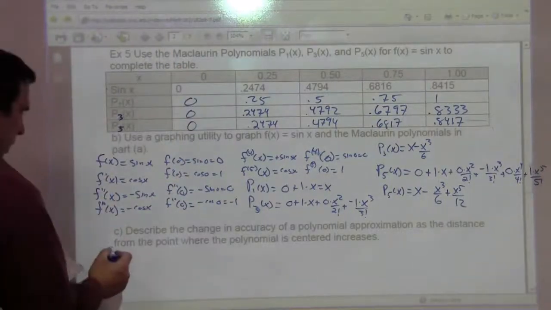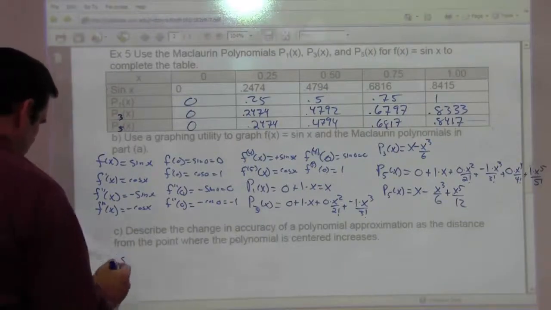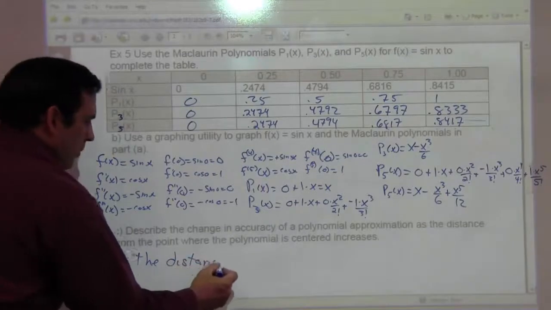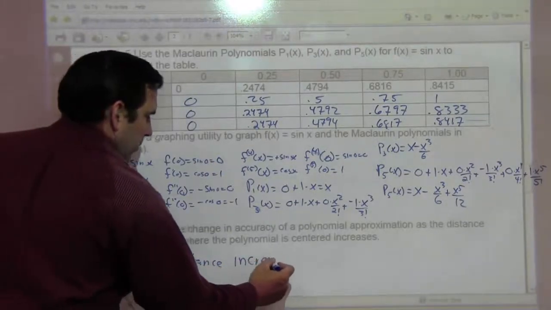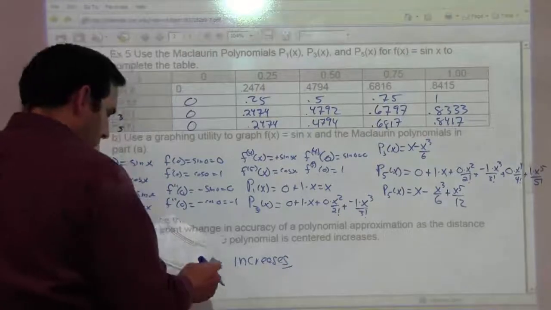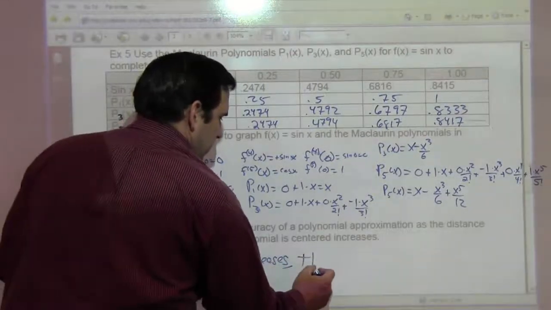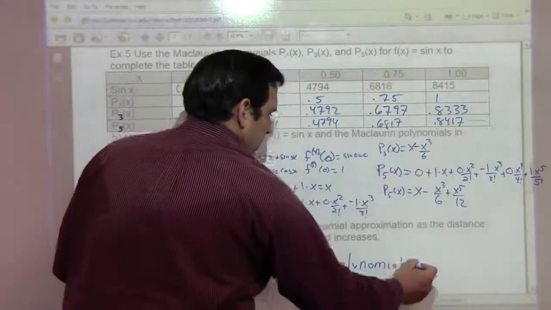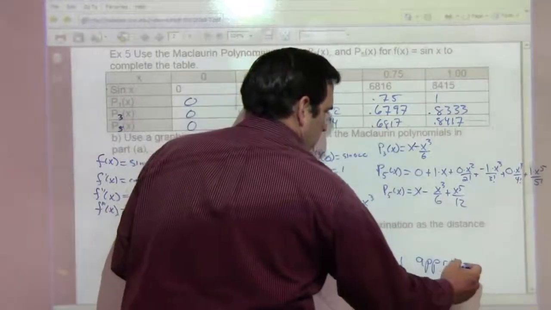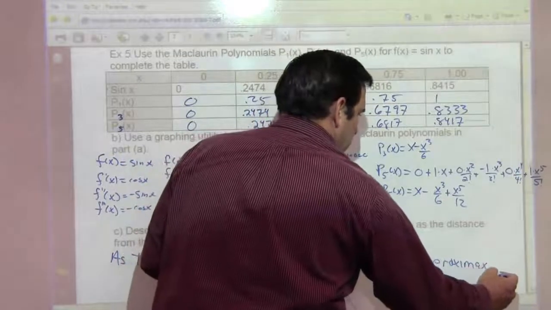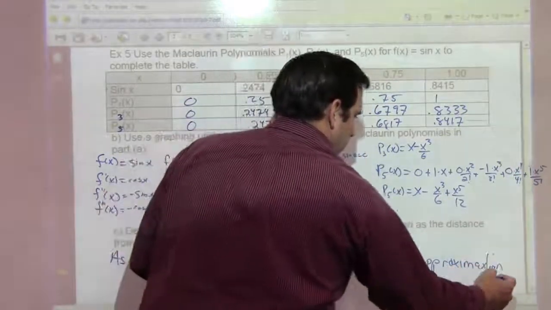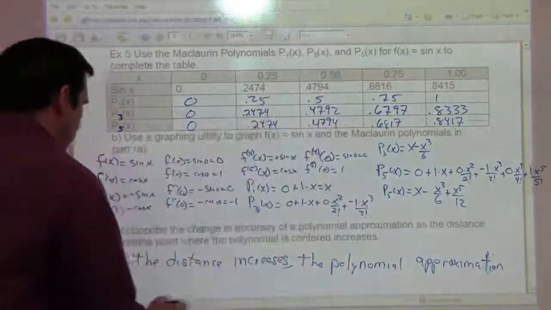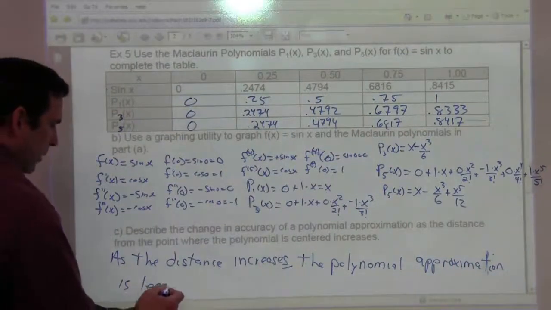So as the distance increases, the polynomial approximation is less accurate.